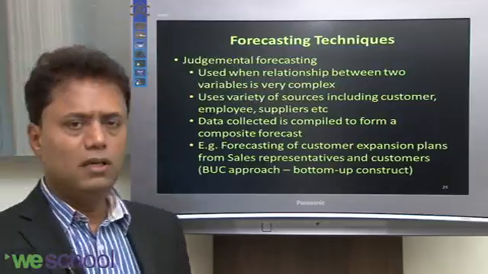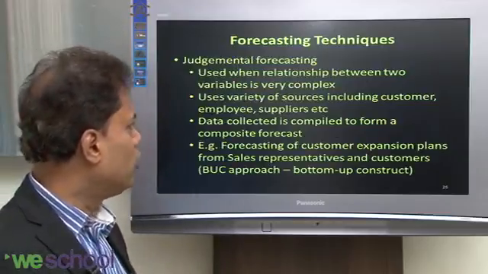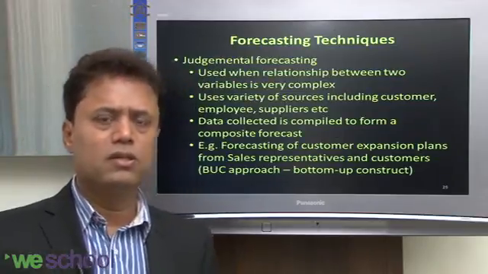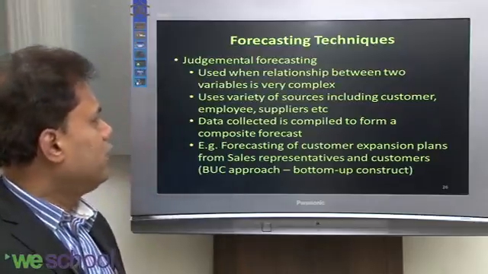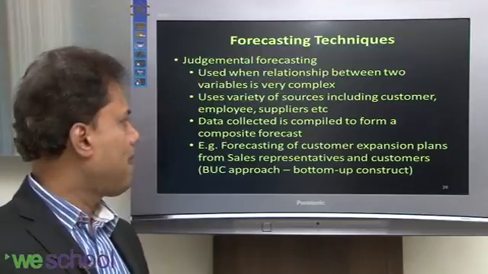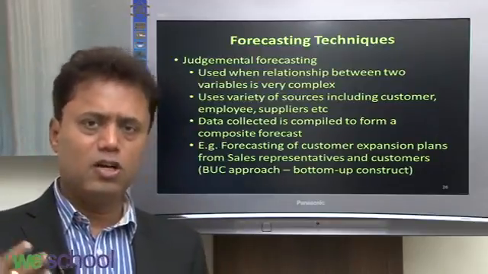Judgmental forecasting. This is used when the relationship between two variables is very complex, because, as I said, predicting the future is the most critical challenge. You draw on a variety of sources, including customers, employees, suppliers, analysts, economists.